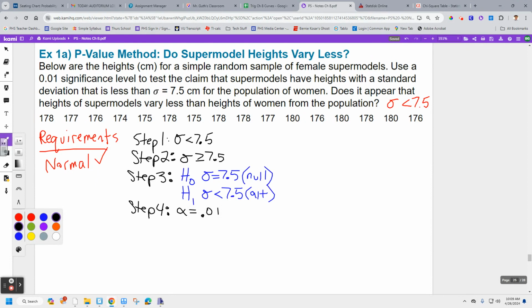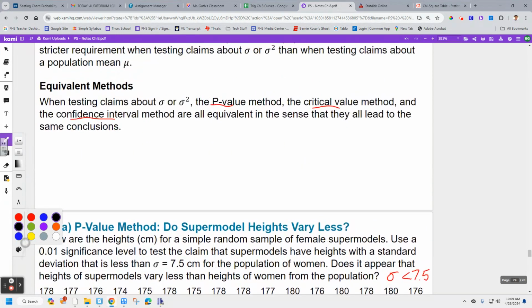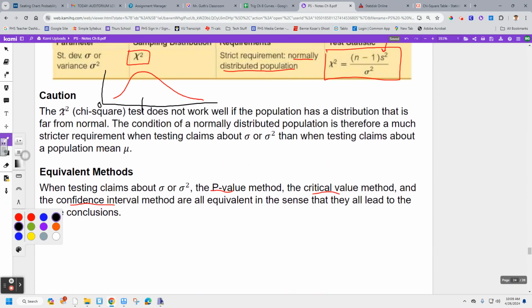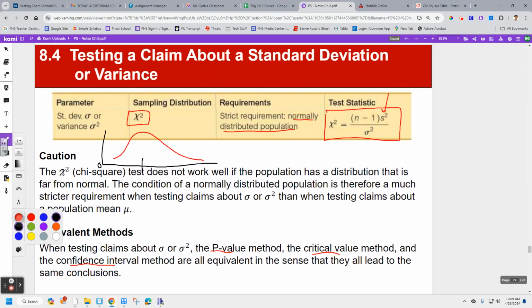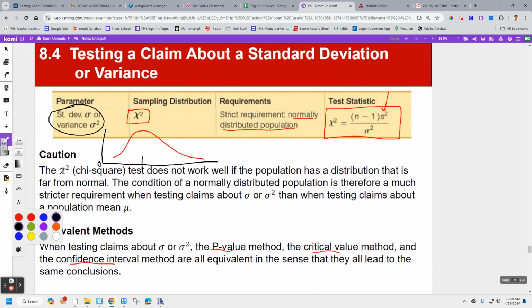Step 5, we know we're doing a chi-square distribution. And the reason we know that is from that chart. When we're doing this, we know we're doing a chi-square distribution. There's nothing to really think about. Is there a question?